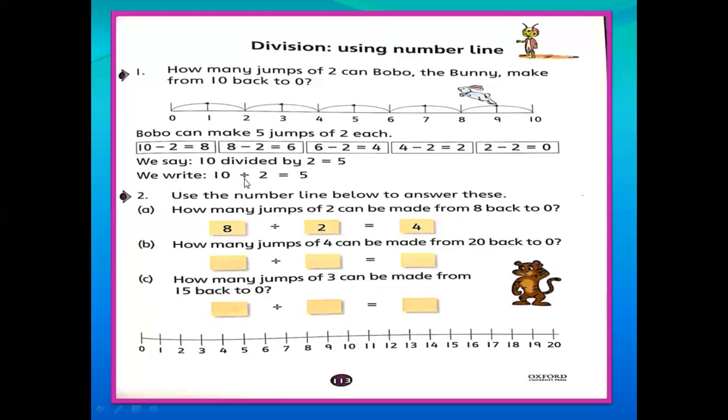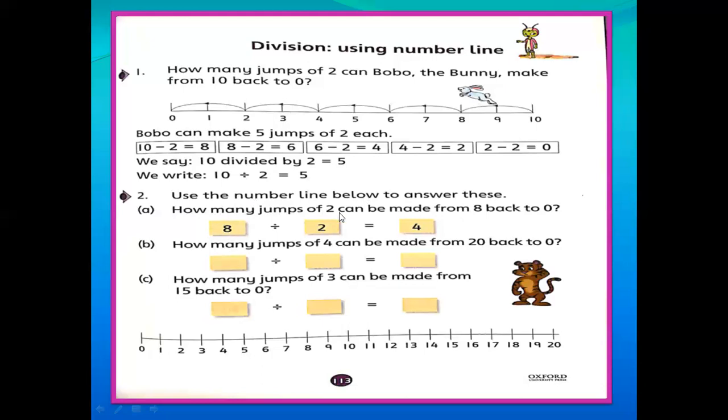This is the sign of division, and this is the sign of equality. So now use the number line below to answer these.